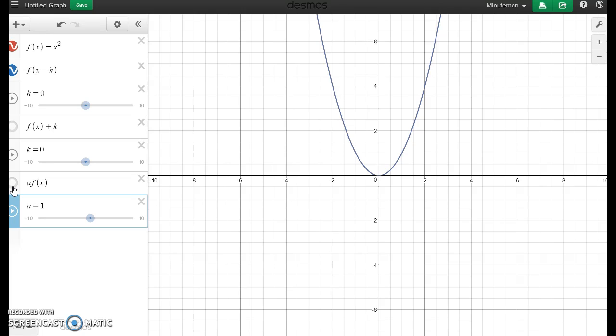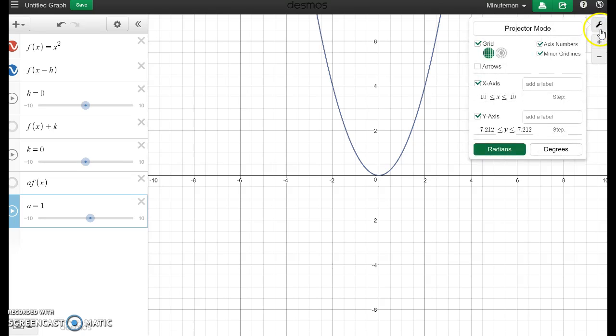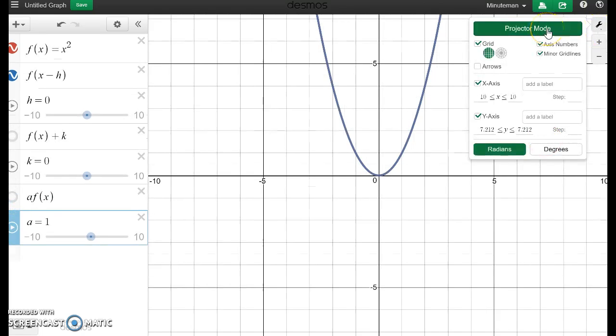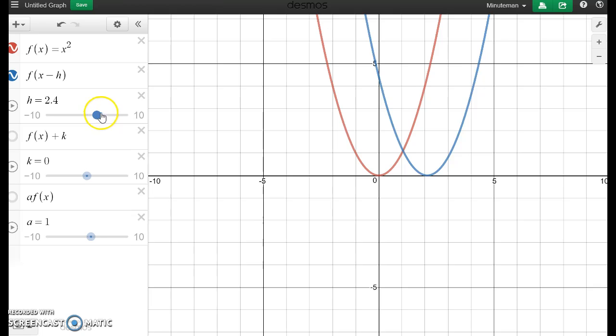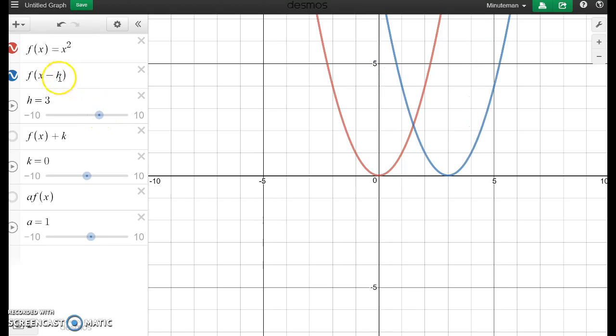All right, so here we have our parent function. This is a parabola, it's a quadratic function. Right now you see both, but as I move the blue line, you can see I'm increasing the value of h.